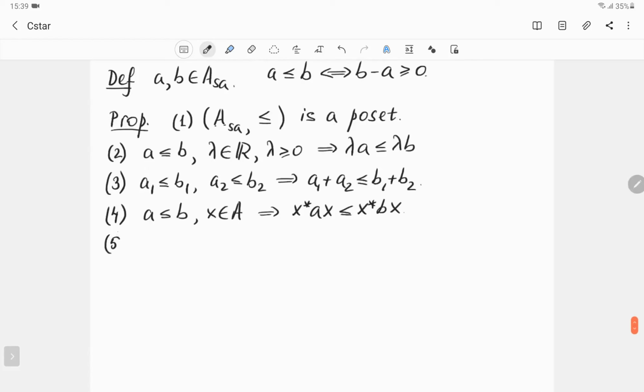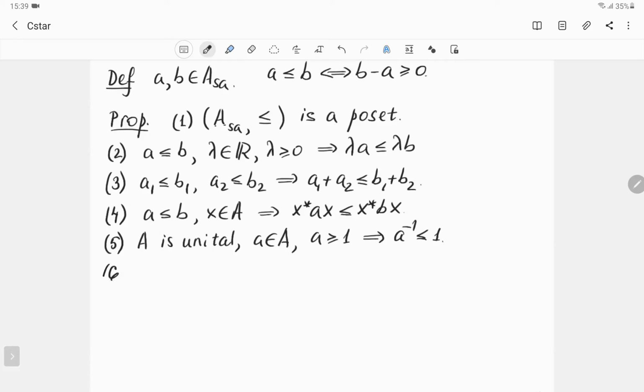Property 5, if our algebra is unital and little a is an element of A such that a is greater than or equal to 1, then a inverse is less than or equal to 1.